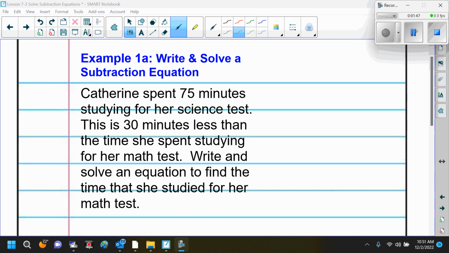What is it that we do not know? What we don't know is the time that she studied for her math test. So, let's use a variable. Can I use M for math? Yes. All right, so M for math test.